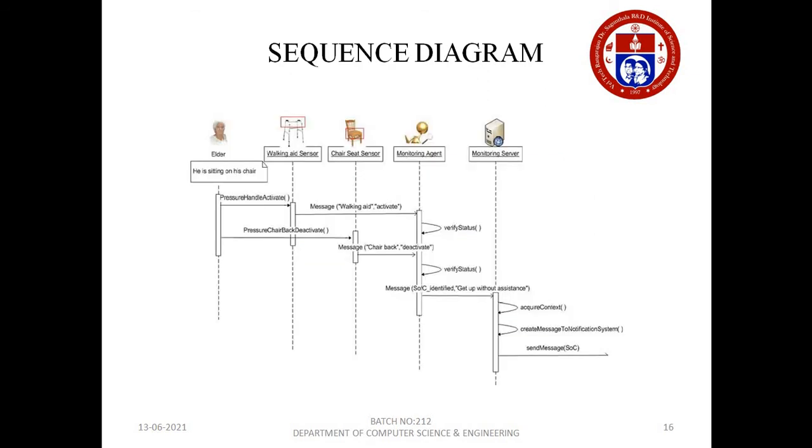And next, the sequence diagram. I already told you when I was explaining the YOLO V3 and COCO algorithm in module 2, it needs to find each and every object. Like if you see here we have a chair, so it will detect that chair as a chair by using some properties.